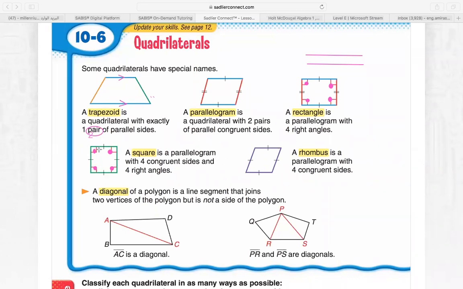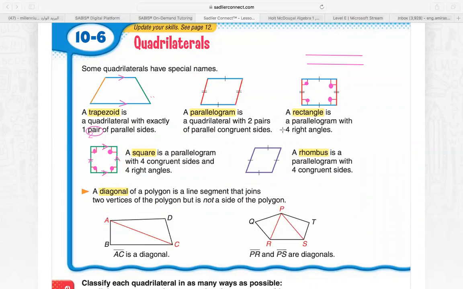Okay. Of course, this one here is parallel to this one, and this one is parallel to this one.